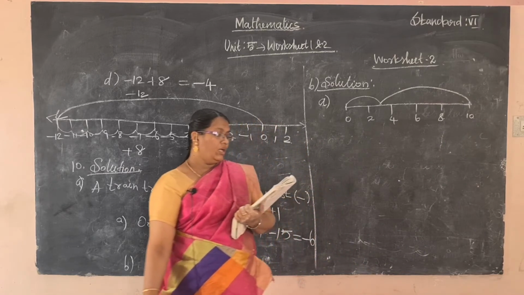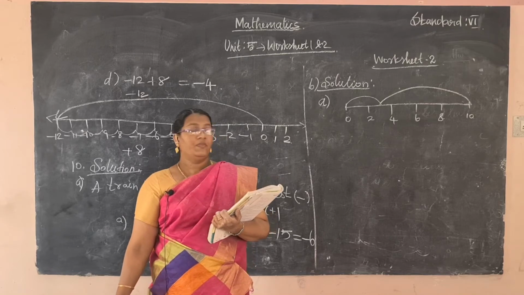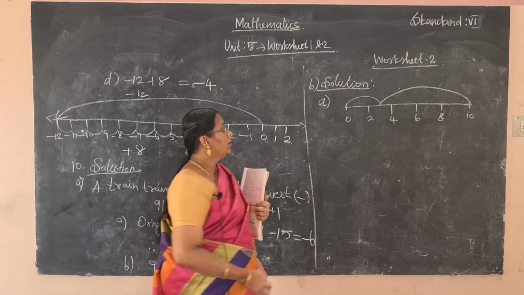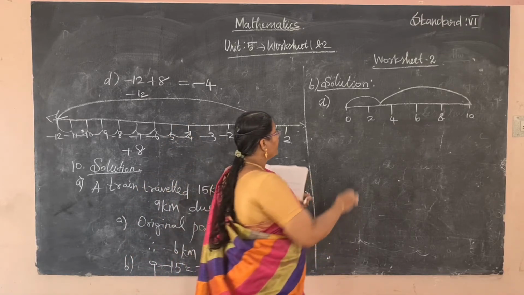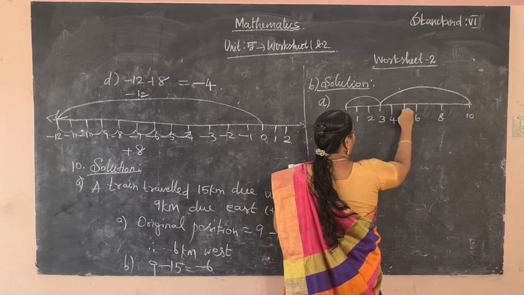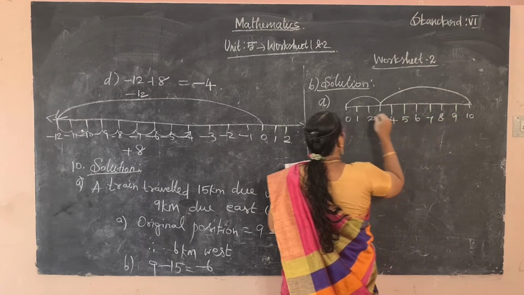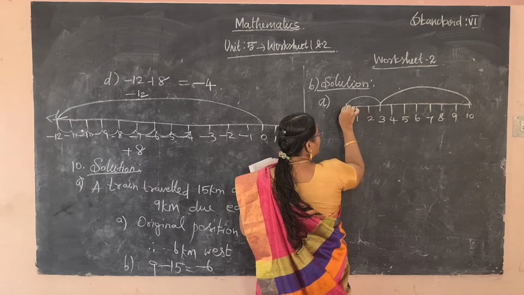Write down the numbers represented by each number line. So we have to write the numbers for this number line. In between the numbers is 1, 3, 5, 7, 9. The number line moves from 0 to 3.